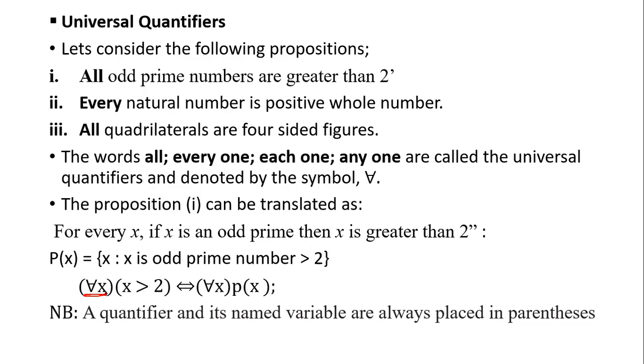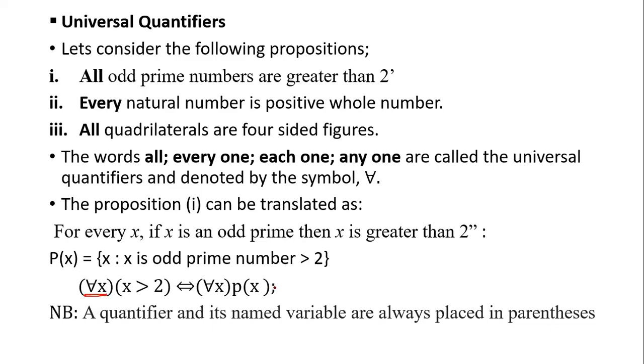And what is x? x is an odd prime number greater than 2. So for all x, x is greater than 2. That is the same as for all x, P of x.